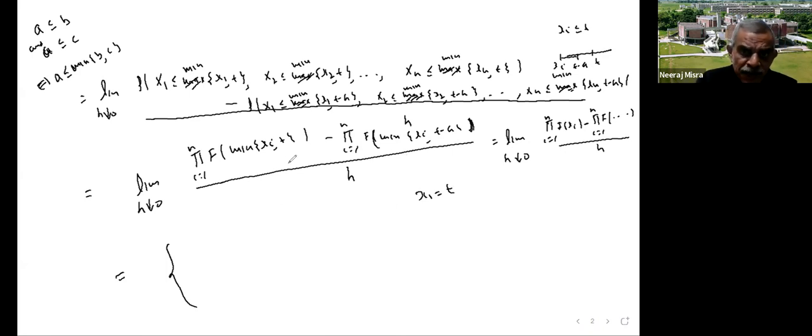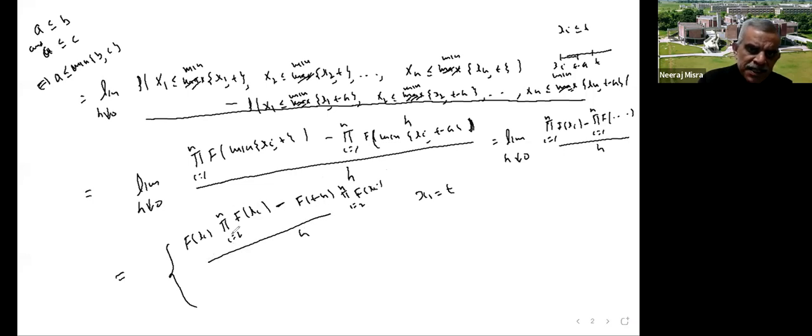So if x1 is t, it becomes f of x1, product i equal to 2 to n of f of xi, minus f of t minus h, product i equal to 2 to n of f of xi, divided by h.